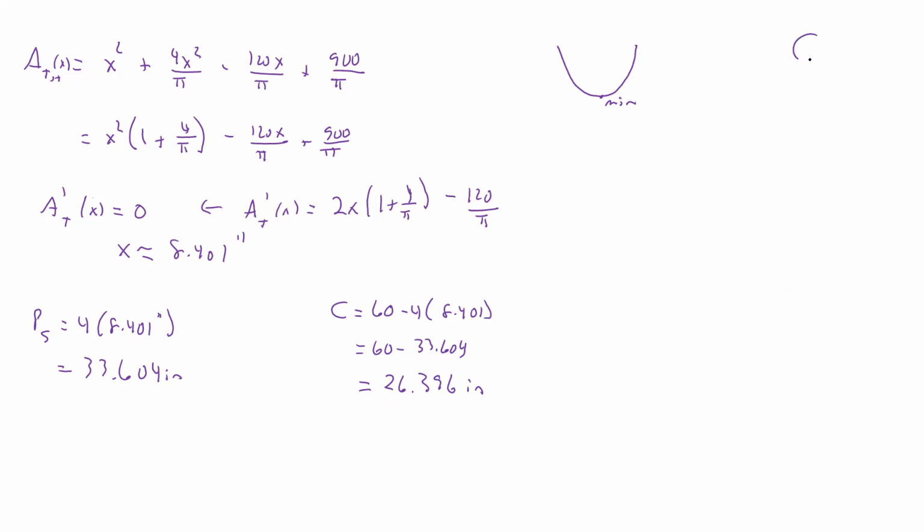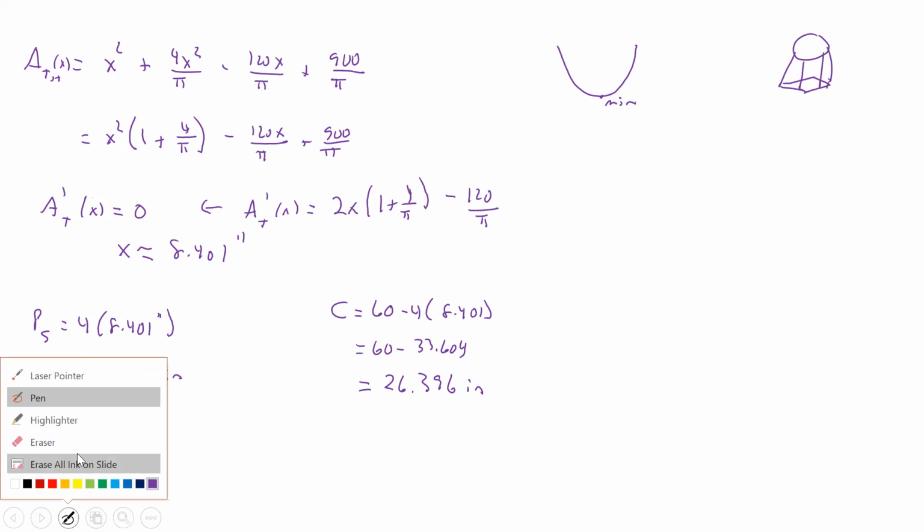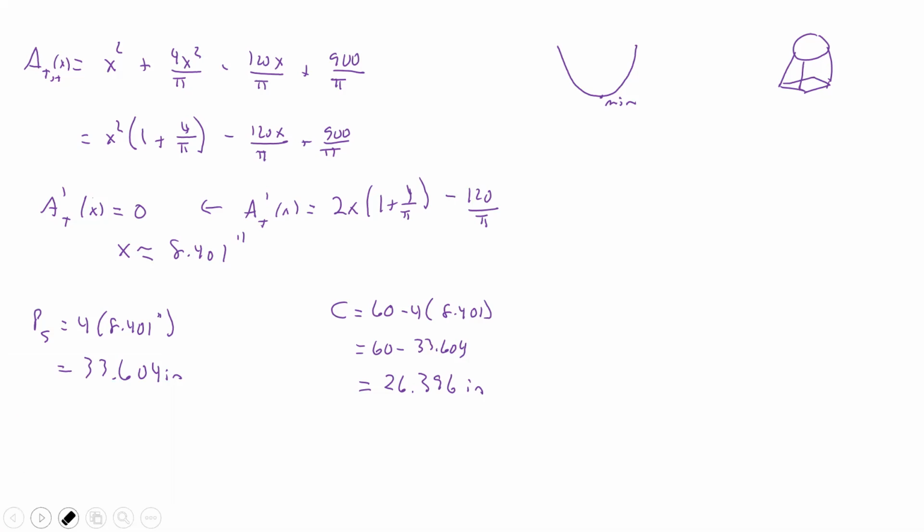All right, so that's the circumference of the top wire. So again, if we draw everything here, we had some kind of a square, but we didn't draw our pieces in the right place. That should go up. All right. So now we have that. We know the circumference is roughly 26.4 inches. Our bottom piece, the perimeter, is equal to 33.6 inches.